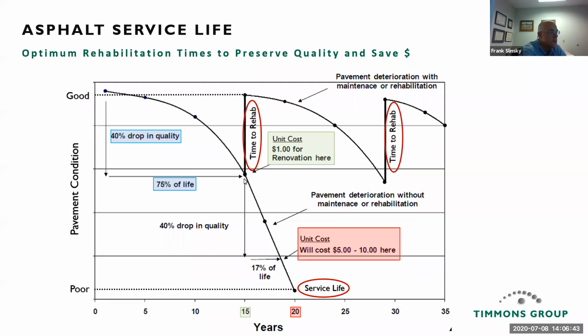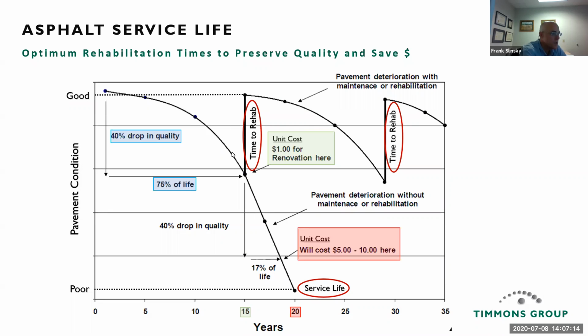At the 75% point is the optimum time to rehab a pavement. The pavement condition is still good, but it has started to show some signs of failure. This is your chance to do some renovations and increase the pavement quality before the pavement starts to significantly decline in quality and higher level repairs are necessary.